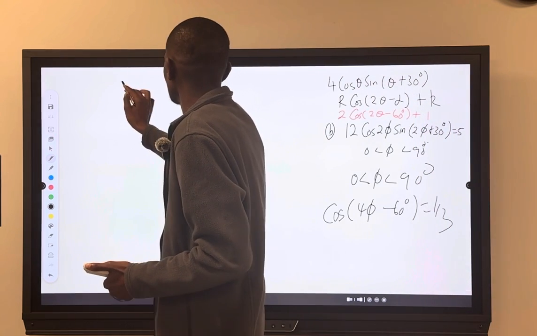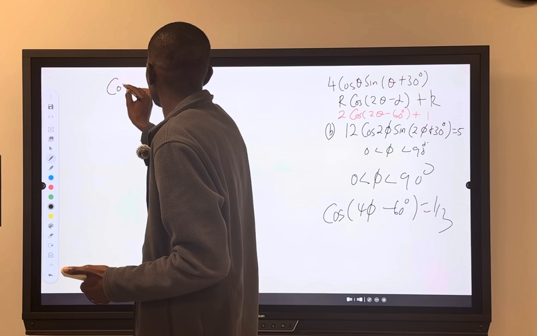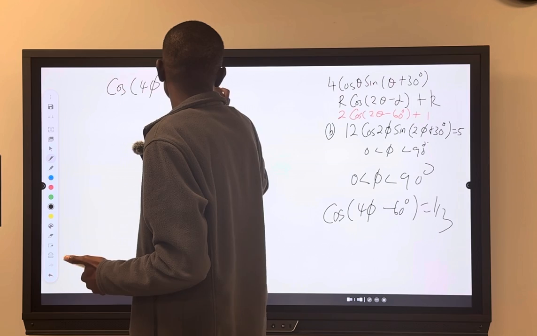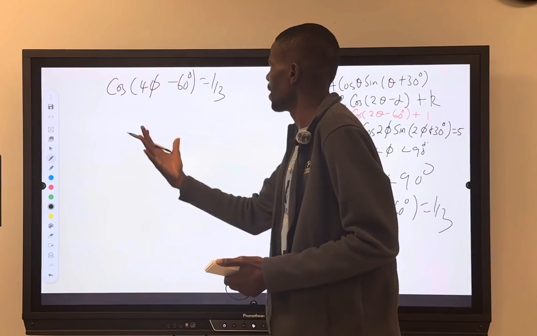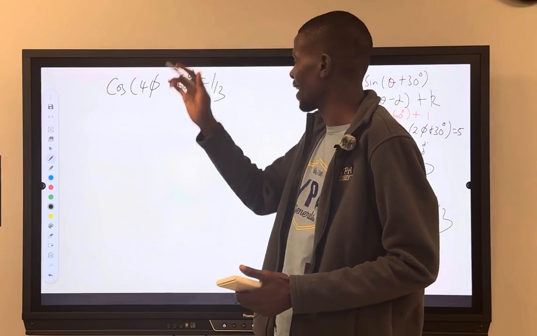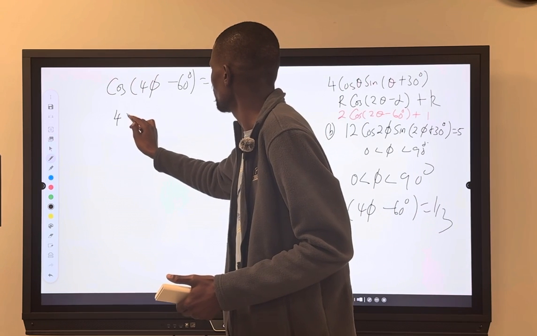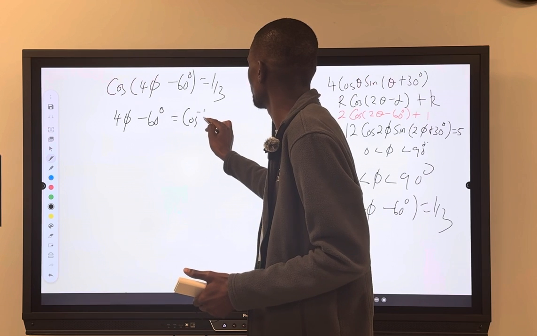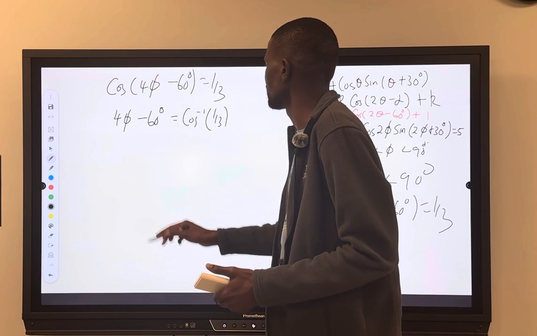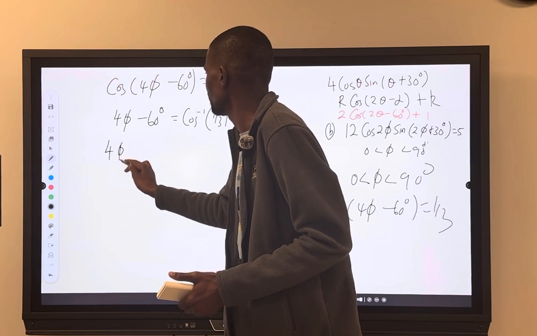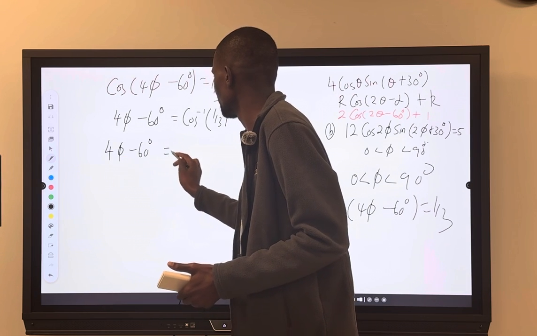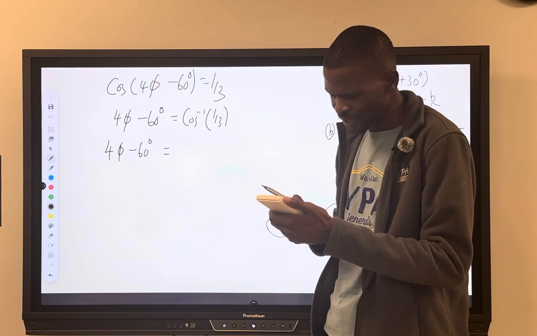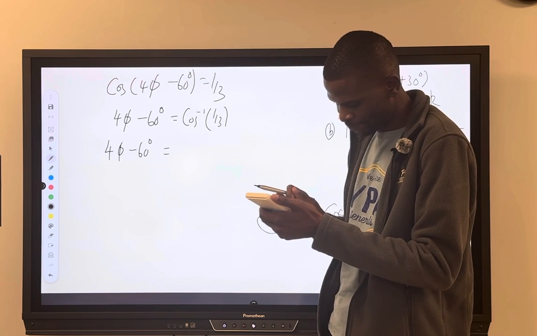So let's solve this. Cos(4φ − 60°) is equal to a third. Remember, it's now easy here. We take the arc cos on both sides, so 4φ − 60° is equal to arc cos, the inverse of cos, of 1/3.